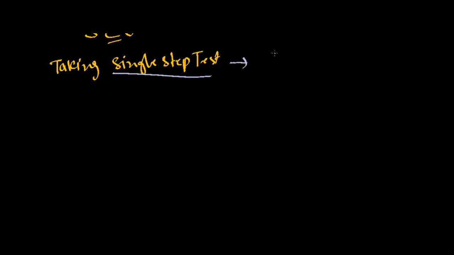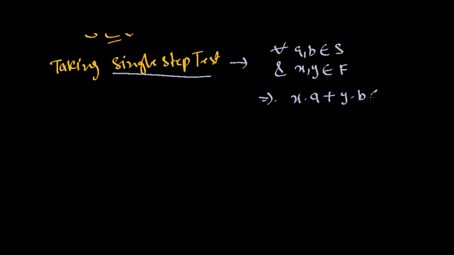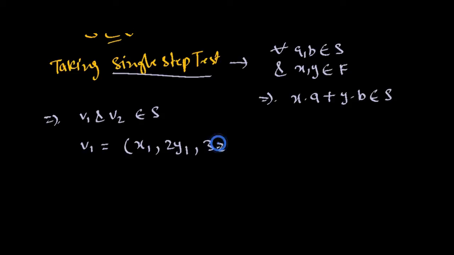It says that for all A and B vectors from S and X and Y elements from F, we should have X dot A plus Y dot B in our set S. So let's see, if we have 2 vectors V1 and V2 from our subset S, then we can write V1 equals x1, 2y1, 3z1.